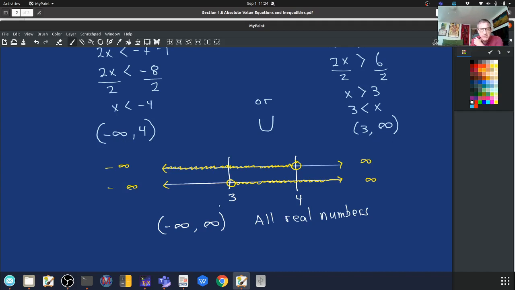Now you can't always simplify the union of two intervals to a single interval. Sometimes this is as simple as it gets. In particular, if instead of 3 here, I had 5, I could not simplify it.